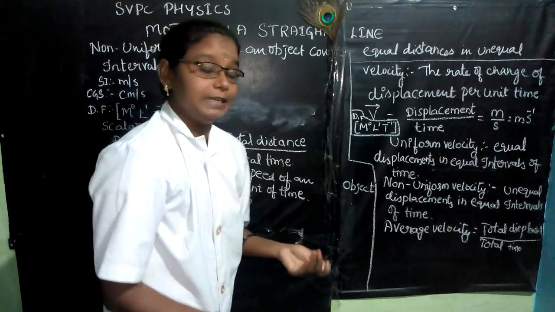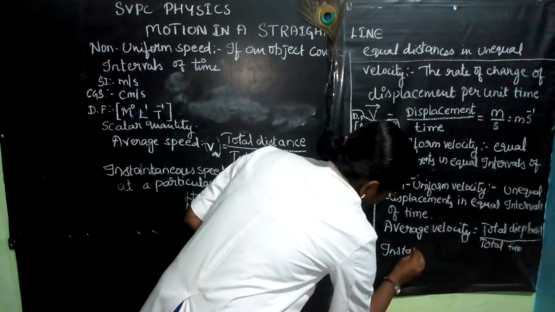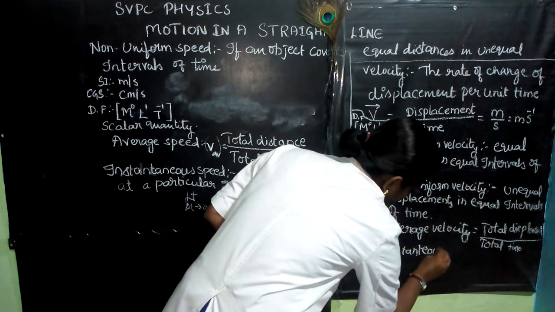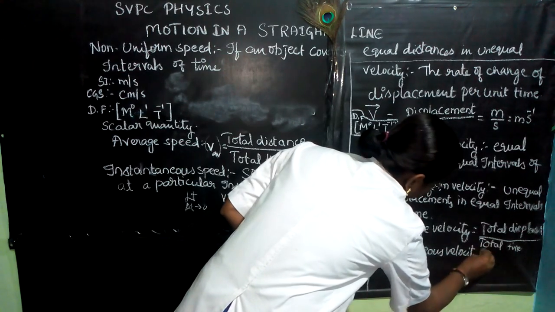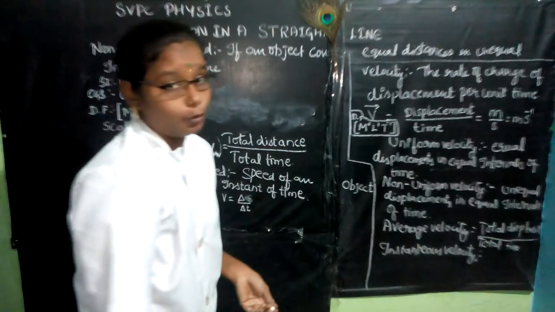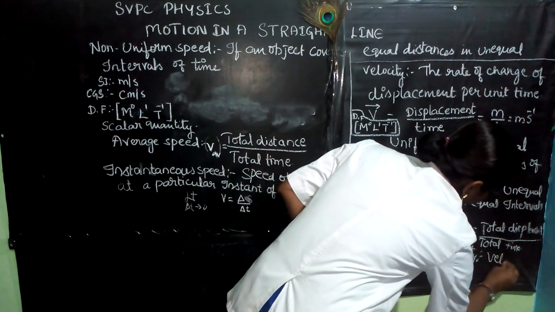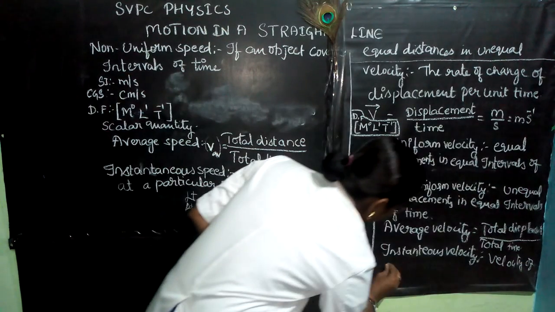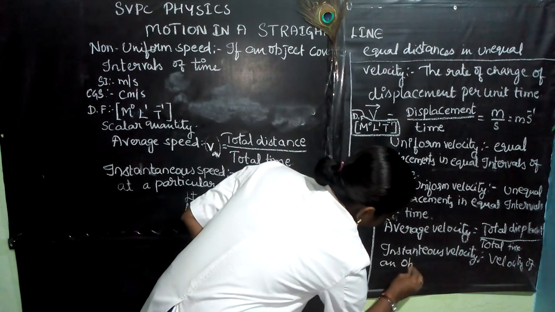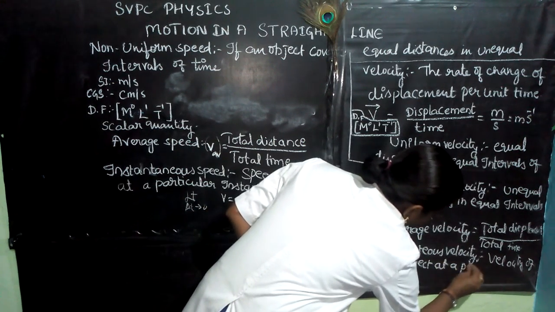Then instantaneous velocity. Instantaneous velocity means the velocity of an object at a particular instant of time.